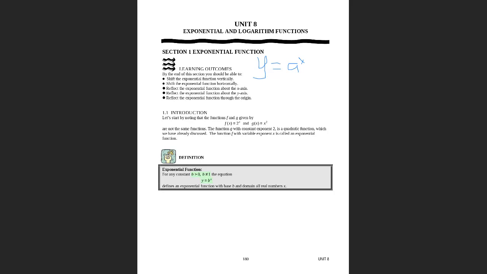An exponential function is always written in the form y equals a exponent x.